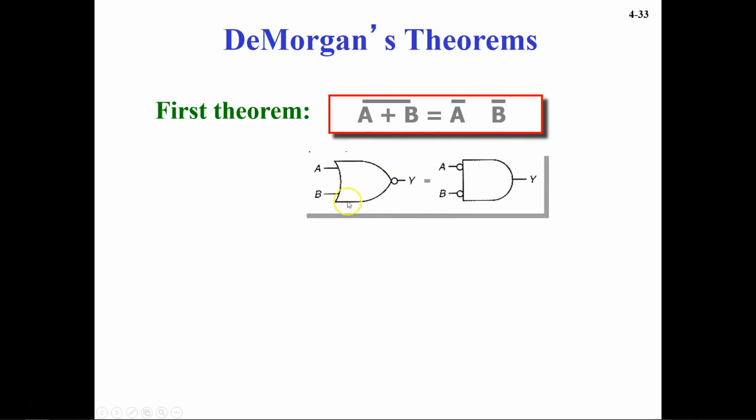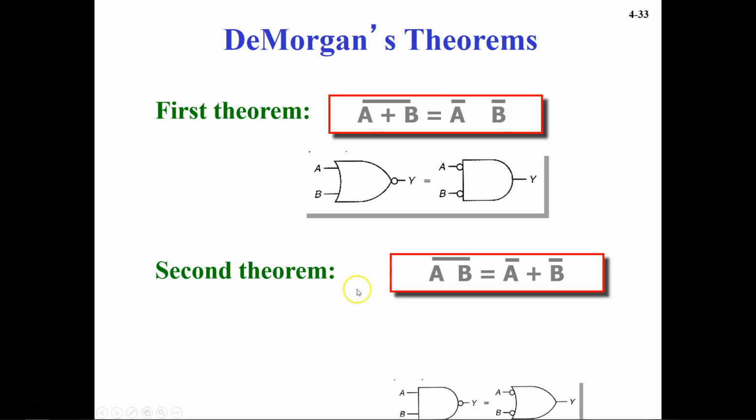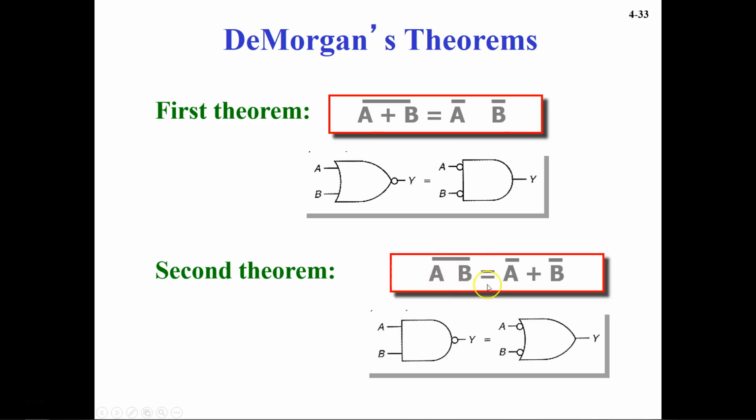So this is what we discussed. This is the NOR gate, which has been converted into an AND gate, and the inputs of the AND gate are inverted. You can say these are the NOTs, or you can use small NOT gates here to invert the inputs. Now the second theorem, as it says, A dot B whole bar is equal to A bar plus B bar.